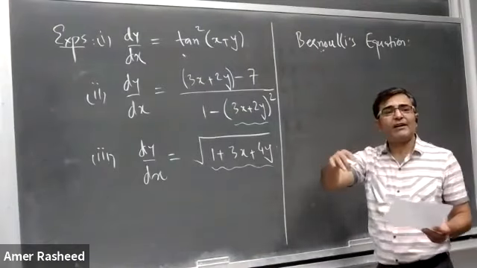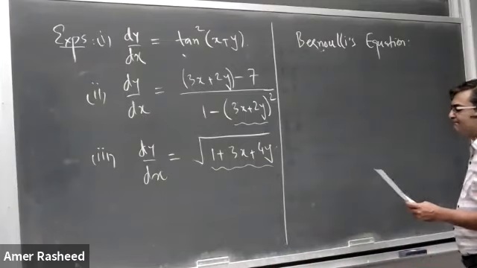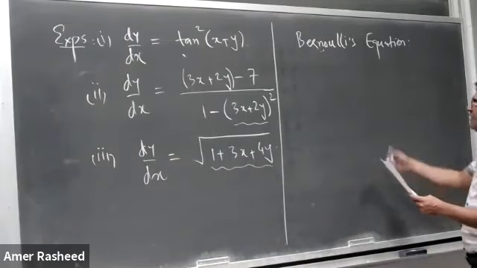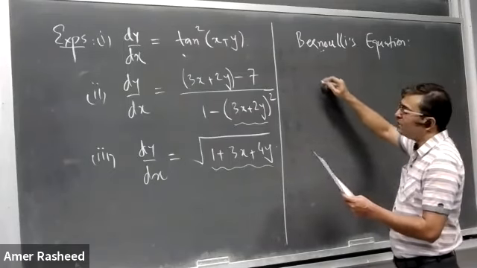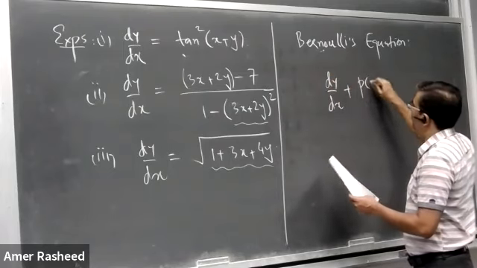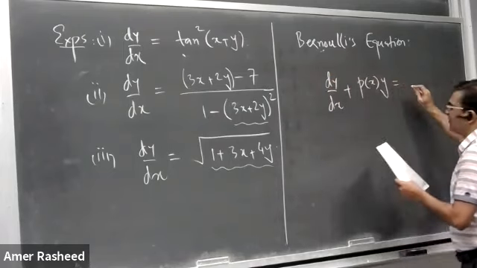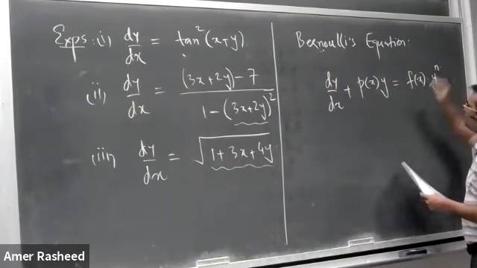It's a kind of linear equation, but basically a linear equation plus some kind of non-linearity on the right hand side. So the equation is of the form dy by dx plus p of x times y is equal to f of x times y power n.